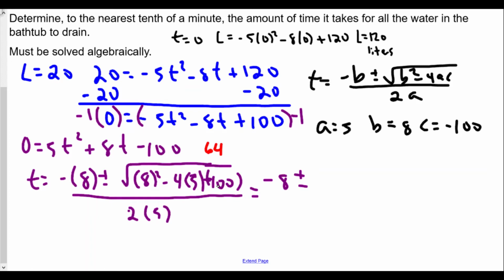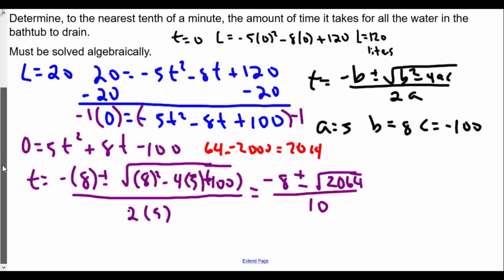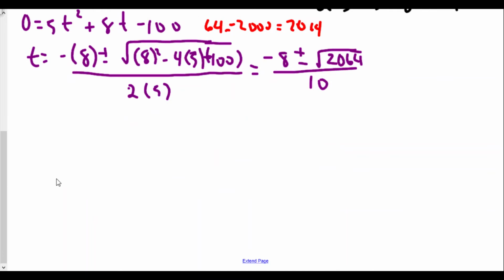So we really have 64 minus negative 2000, which is 2064. So our radicand for the square root would be 2064, all over 10. Okay, so now we're going to find our values here for t.